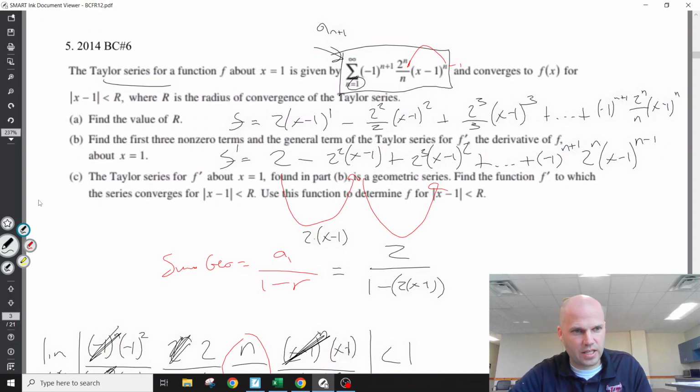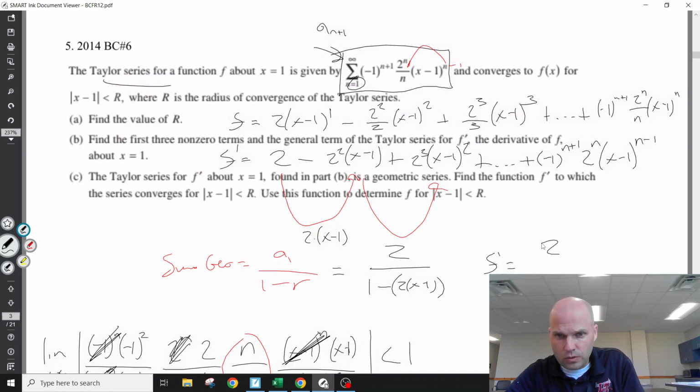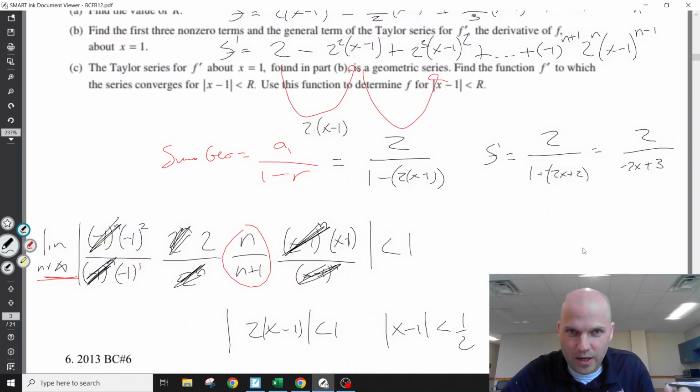Okay, so this is what I think is f prime. 2 over 1 minus 2x minus 2, which becomes 2 over negative 2x plus 3. So distribute this negative. Okay. That's f prime. Use this function to determine f.